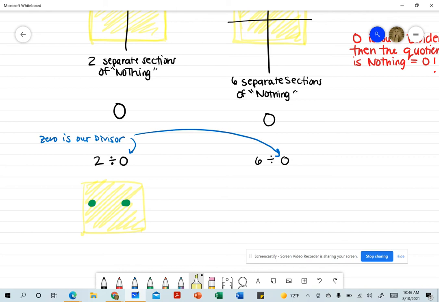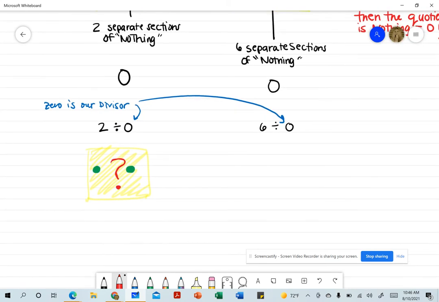Well, it's not 0 because I still have 2 there. It's not 2 because I am technically dividing by something. This is just a hot mess. This is called confusion. Why? Because you can't divide by nothing.